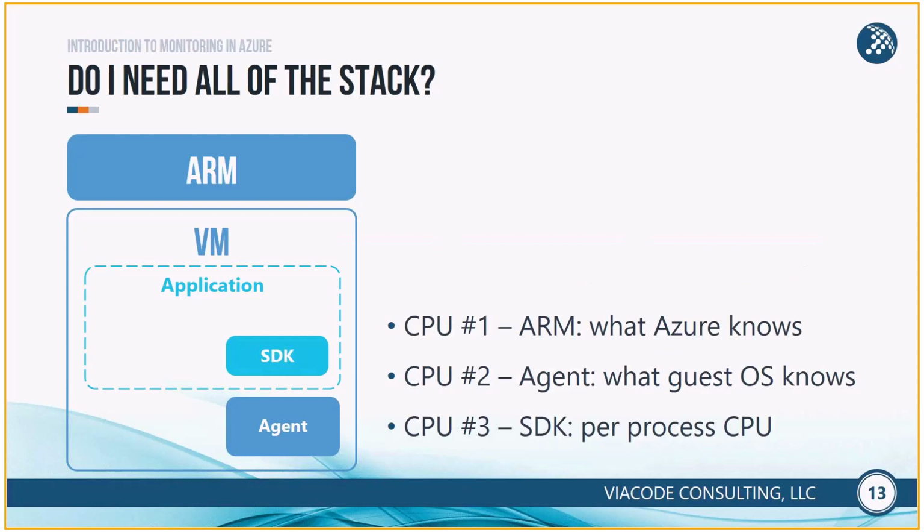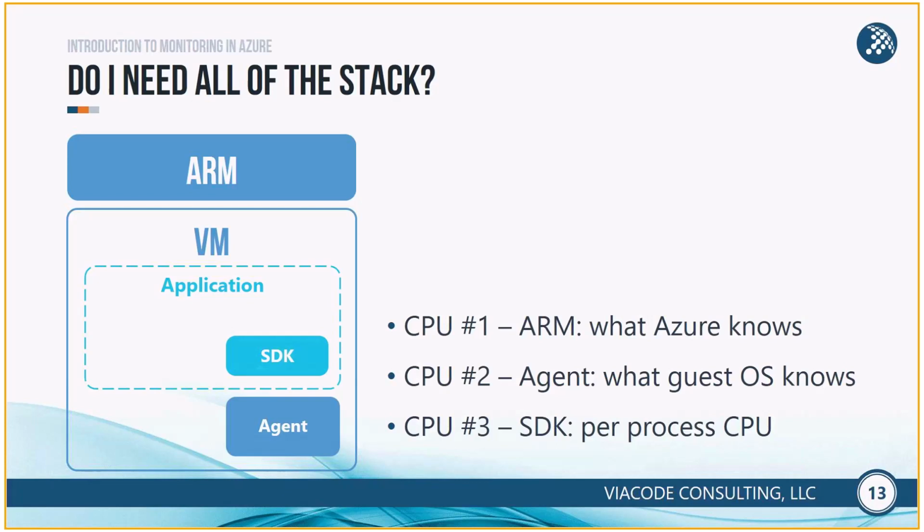Now, CPU on the VM, and you are familiar with diagnostic settings. So if you go to the VM and you configure diagnostic settings, you can collect additional metrics. So collecting CPU from the VM provides you a finer grain metric about your VM, because you are collecting that metric from inside the container boundaries.